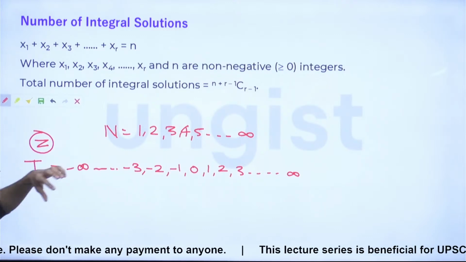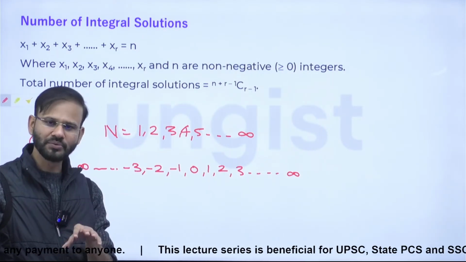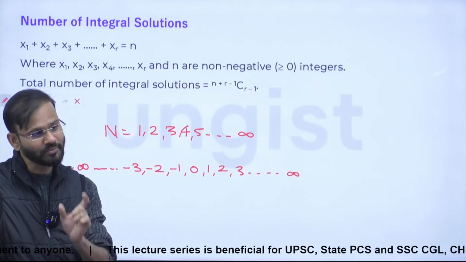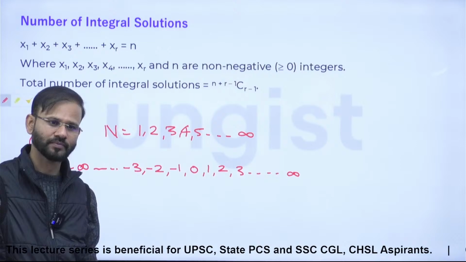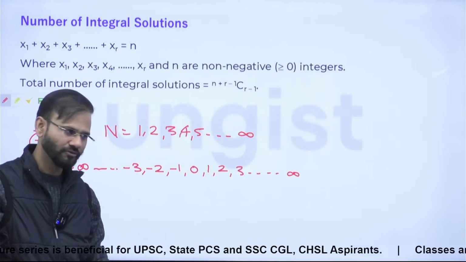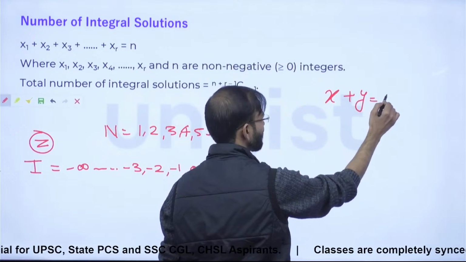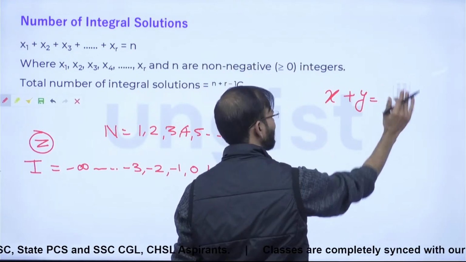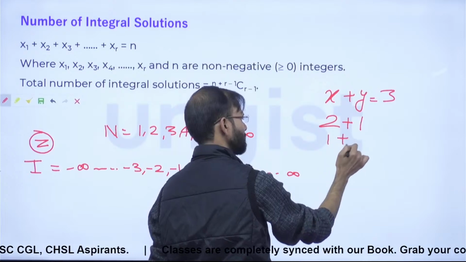Now number of integral solution means एक ऐसा equation, if a equation has the solution where all the variables take some values from integers only, right? वो decimal में नहीं हो सकते, correct? For example, x plus y is 3. Fine. So here this possible solution can be 2 plus 1, 1 plus 2, right?